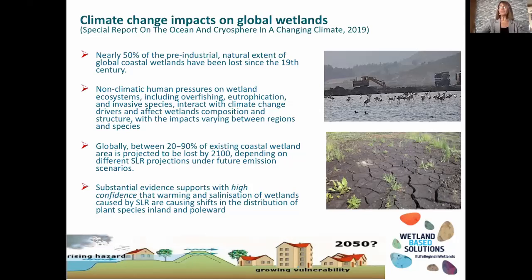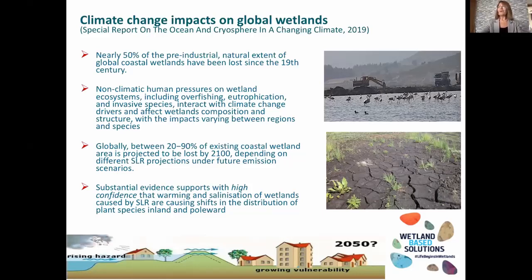À l'échelle mondiale, pour les projections, il est prévu qu'entre 20 et 90% des zones humides côtières devraient être perdues d'ici 2100, selon les différentes projections de l'élévation du niveau de la mer, jusqu'à 90%. Vous vous rendez compte, c'est un chiffre qui est effrayant.